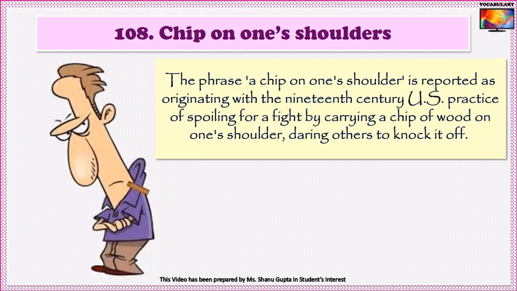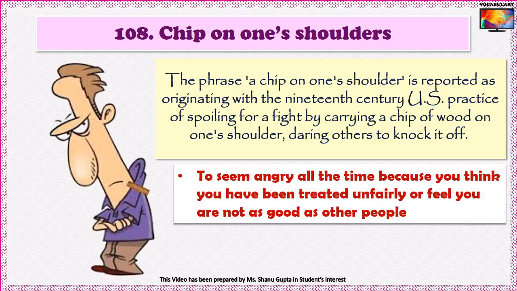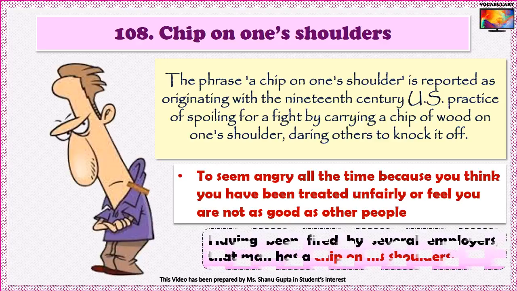So, if someone has a chip on his or her shoulders, he or she seems angry all the time because they think they have been treated unfairly or feel that they are not as good as other people. An example sentence is, having been fired by several employers, that man has a chip on his shoulders, which means he holds a grudge and is ready to fight on this issue.